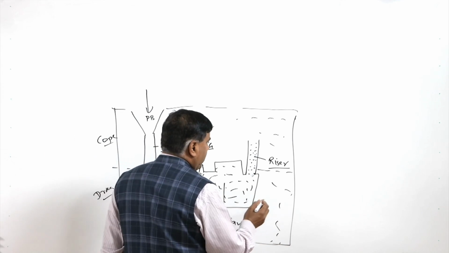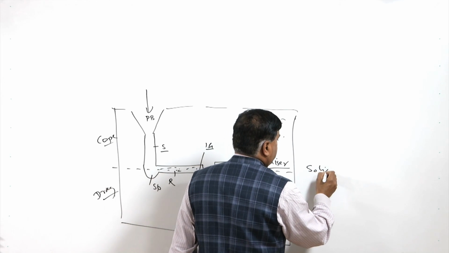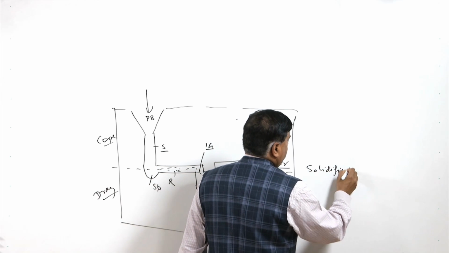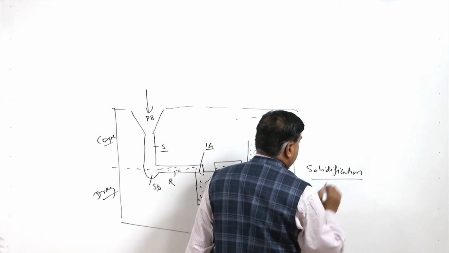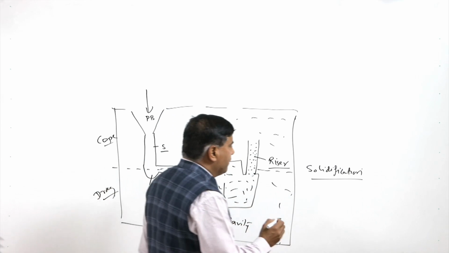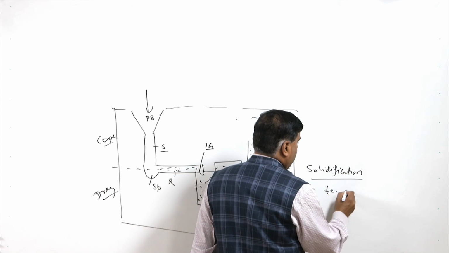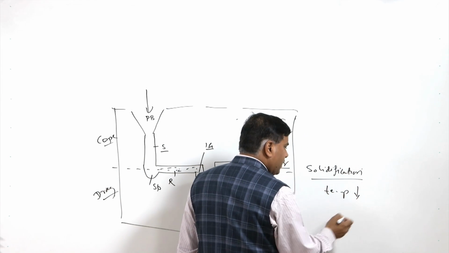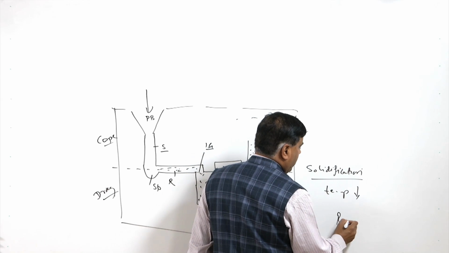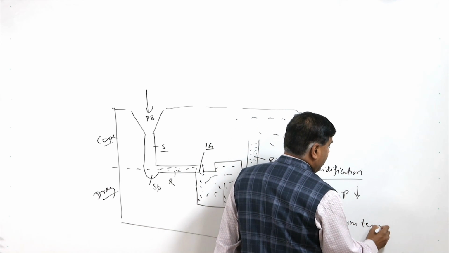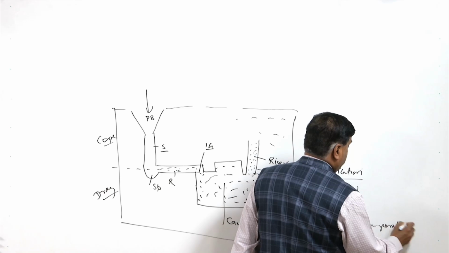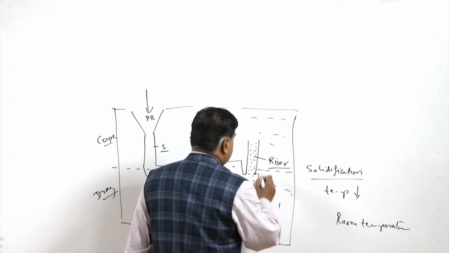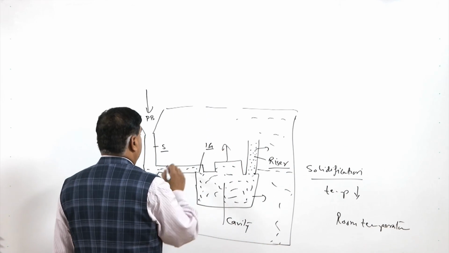After the solidification of the molten metal is over, the temperature will be coming down gradually, and finally it will reach the room temperature, but it will take a very long time because the sand is of low thermal conductivity.